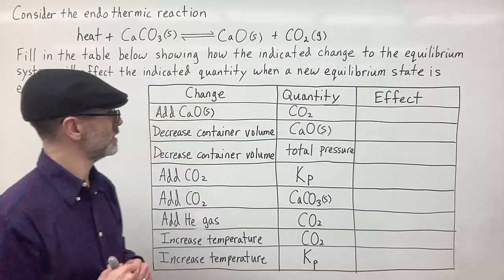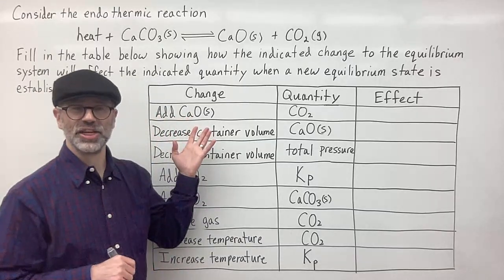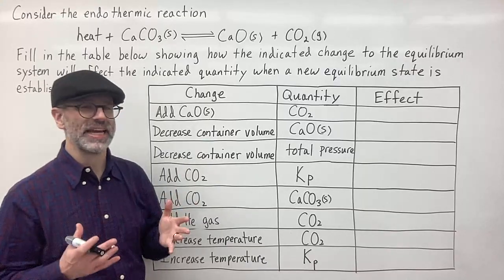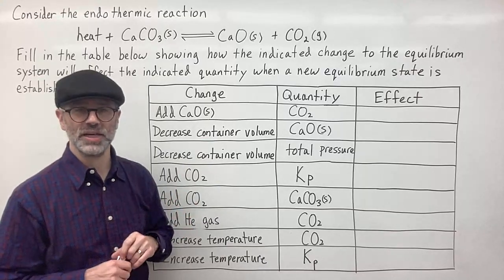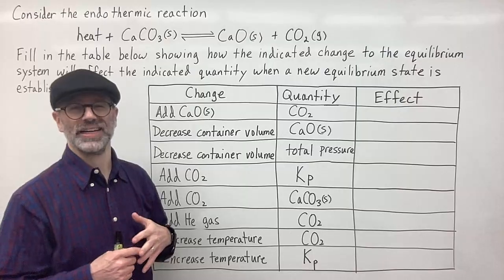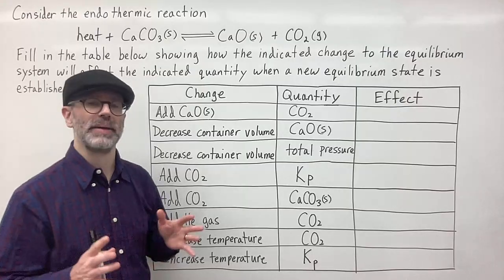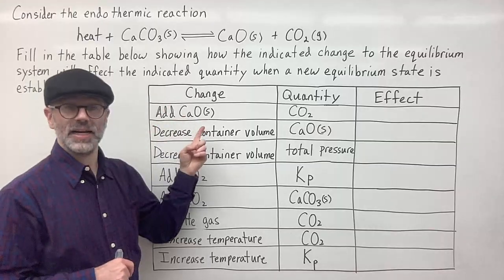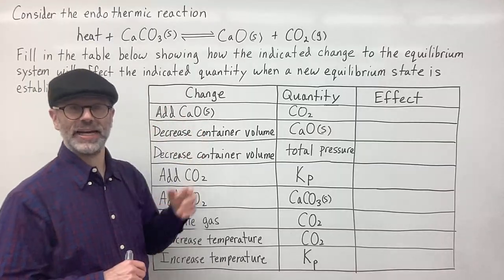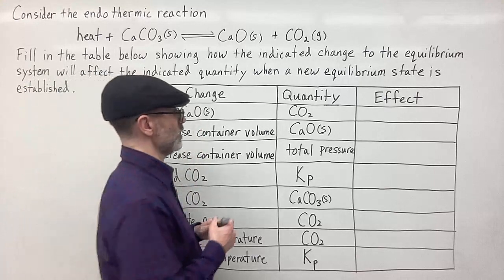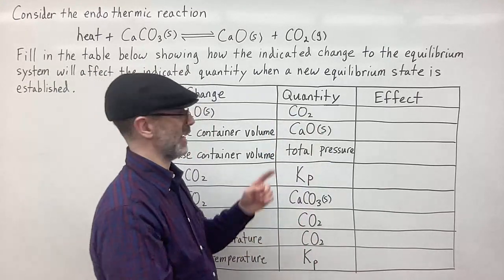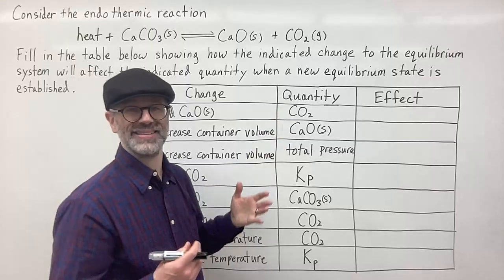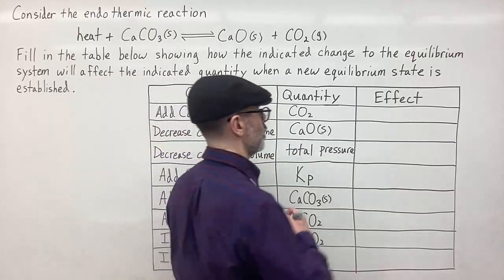But in this case, the concentration of a solid or a liquid doesn't really change by adding or removing some of it, right? So talking about concentration doesn't really make a whole lot of sense. So adding calcium oxide is not going to have an effect. It's not going to have an effect on anything, but the quantity CO2 is the one that's mentioned. But again, it's not going to have any effect on equilibrium.